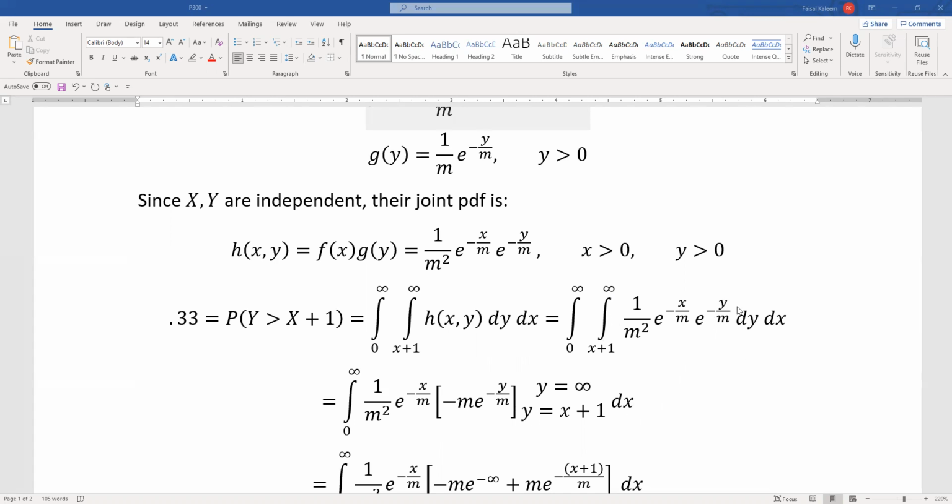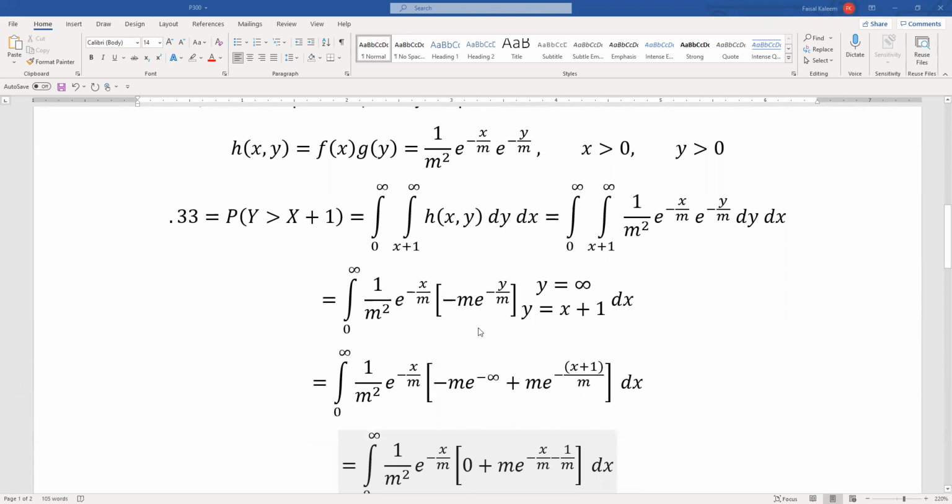The integral of e to the negative y over m will be e to the negative y over m divided by negative 1 over m, if we use our shortcut, or you can do the u substitution. Dividing by negative 1 over m is the same as multiplying by negative m. Y is the variable of integration, and y goes from x plus 1 to infinity.